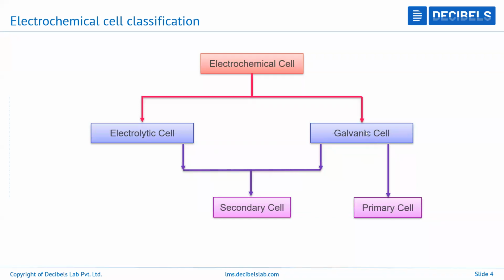This galvanic cell is only unidirectional, as in it can only produce electrical energy from chemical energy. It cannot do it the other way around. This is also called a voltaic cell.